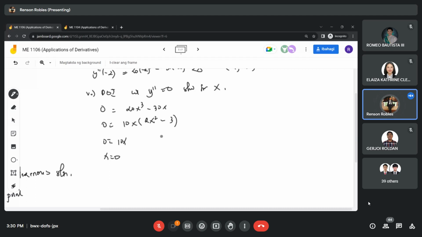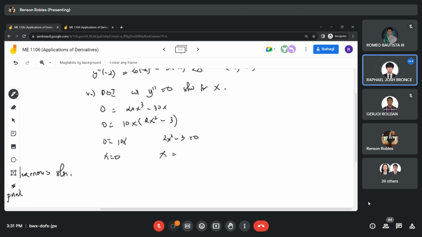Next, we factor this: 2x squared minus 3 equals 0. What is x? Square root of 3 over 2. Alright, that's square root of 3 over 2.